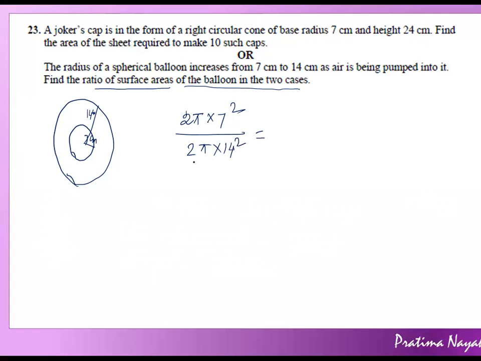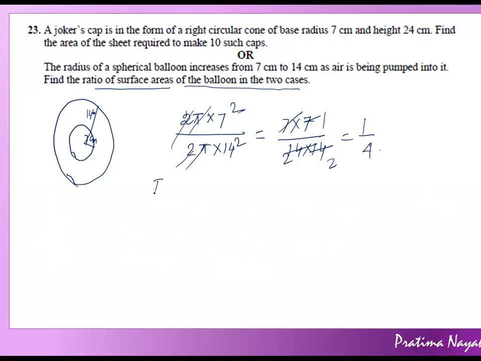Since it is a 1 mark question, try to save time. 2 cancels, pi cancels. This will be 7 into 7 upon 14 into 14. Cancel here, don't compute 14 square and 7 square. So this will be 1:4.